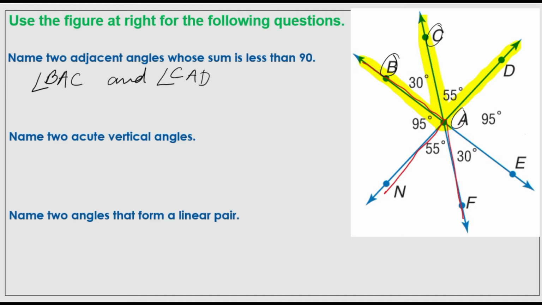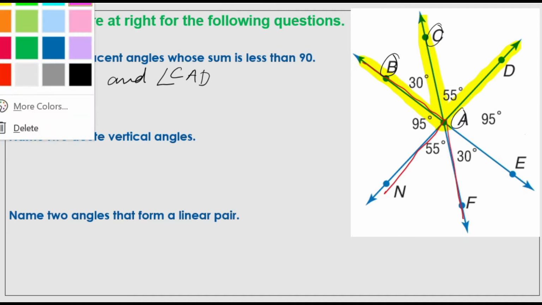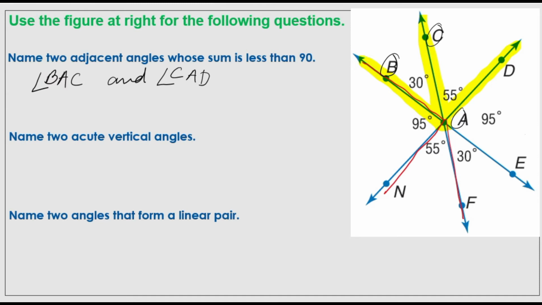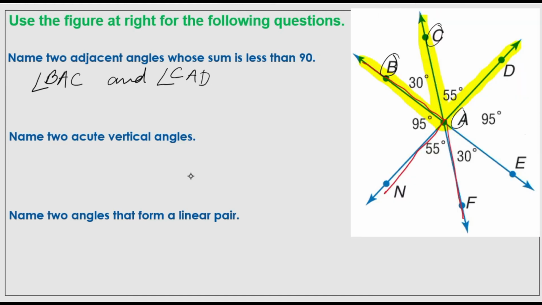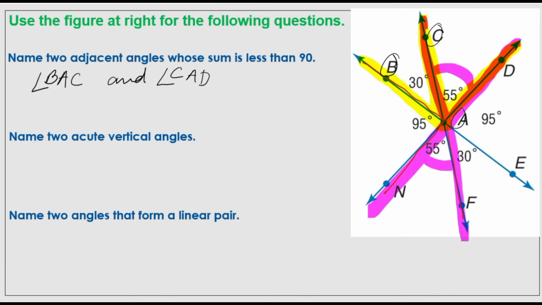Name two acute vertical angles. For vertical angles, you know that when two lines intersect, the opposite angles are vertical angles. Here they say name two acute vertical angles. Using these two lines, you can see that 55 and 55 here are two vertical angles.